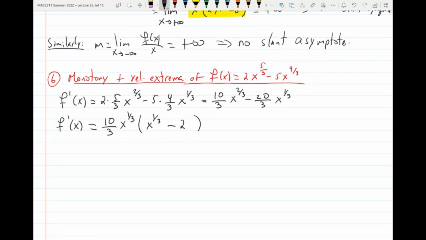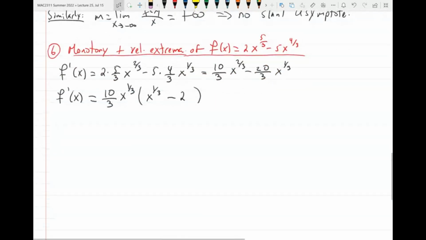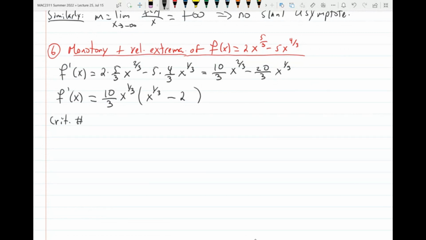Okay. So now we need to find the critical numbers, right? So what are the critical numbers? Remember, two things. F prime undefined. In this case, we don't get anything, right? The root is defined everywhere. Those are cube roots, and there's no fraction here. And then the other one comes from derivative equal to 0. So we need to solve this equation.